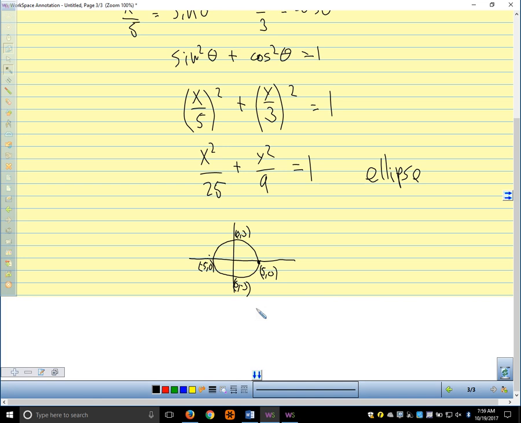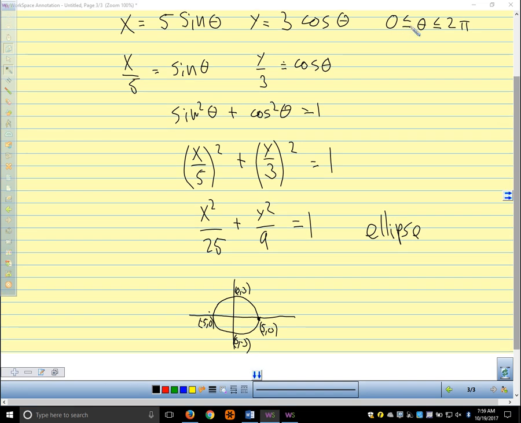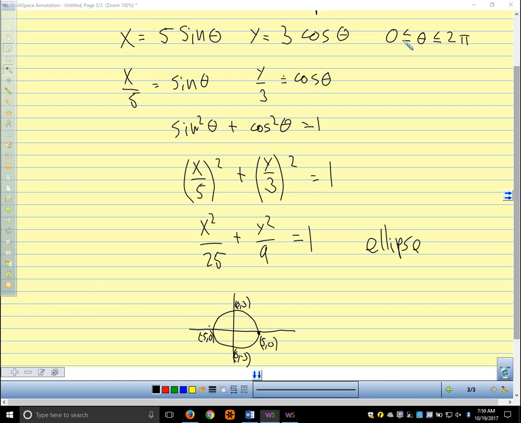Now let's find the orientation as theta increases. The way I usually look at this is to look at one of the coordinates. When theta is 0, what is x? Sine of 0 is 0.